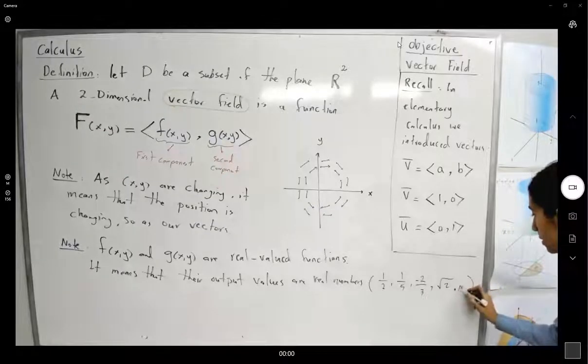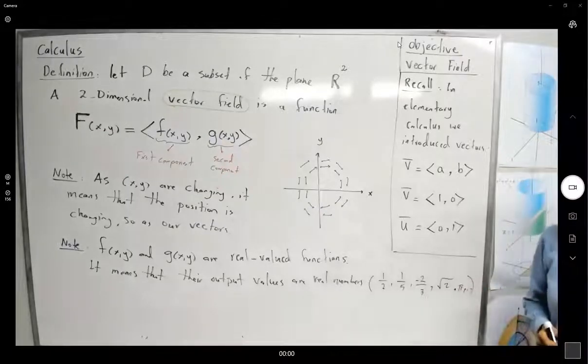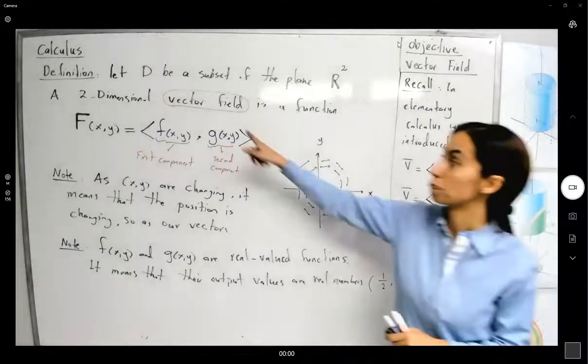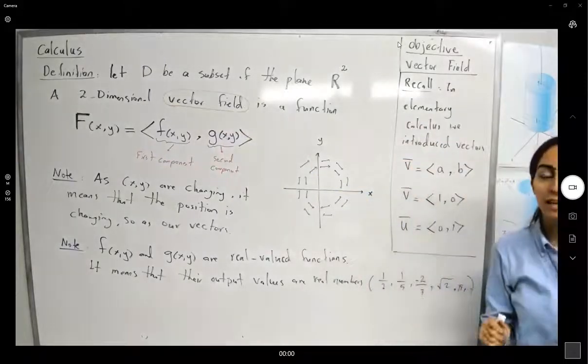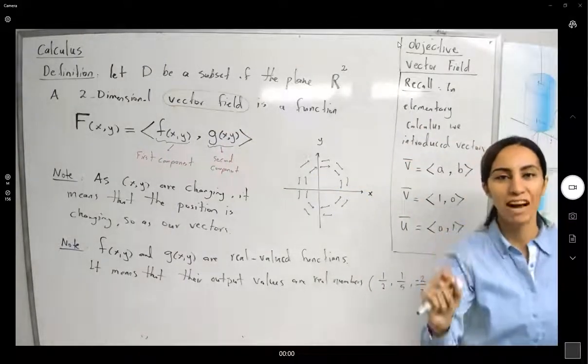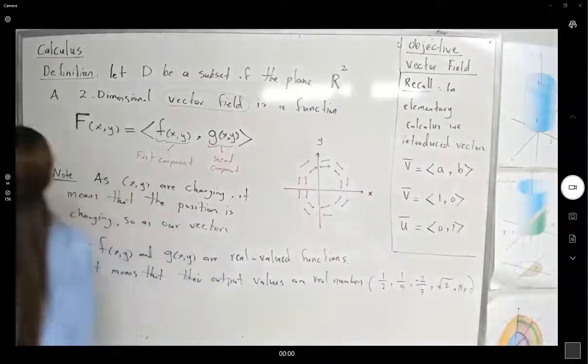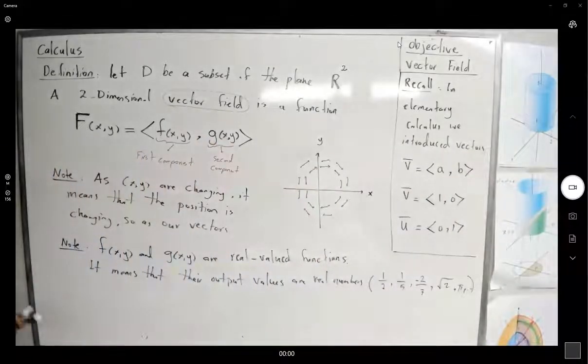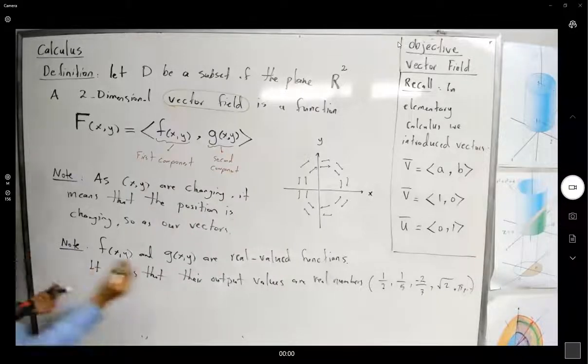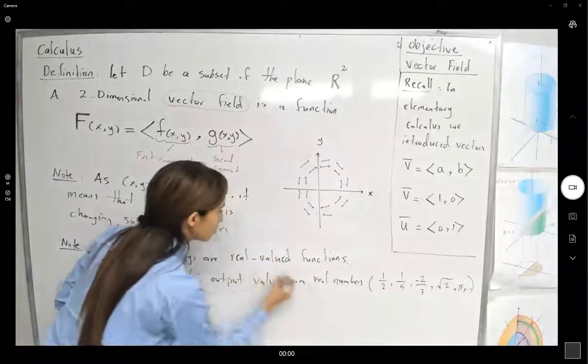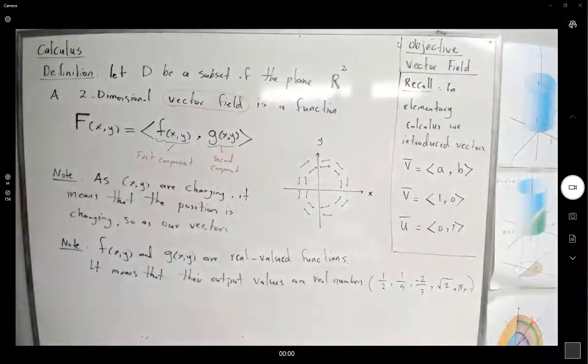It might be anything. But your vector field is a vector valued function. So another note, remember these terminologies, these are important. So real valued function and vector valued function.